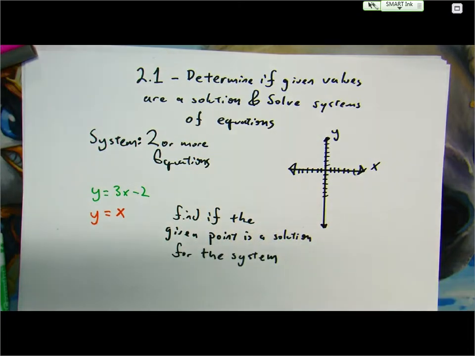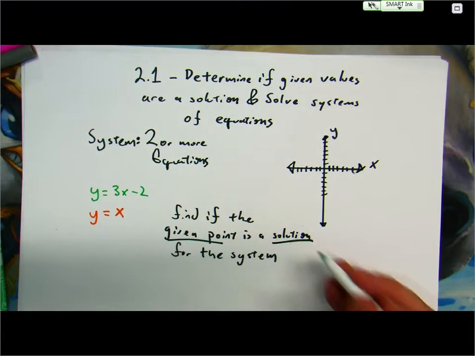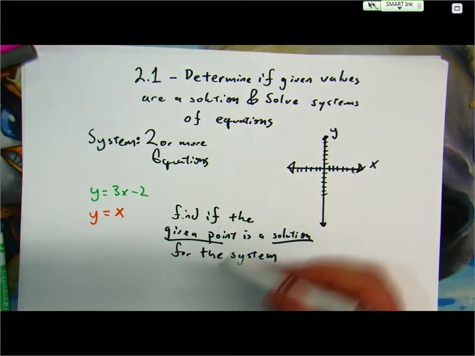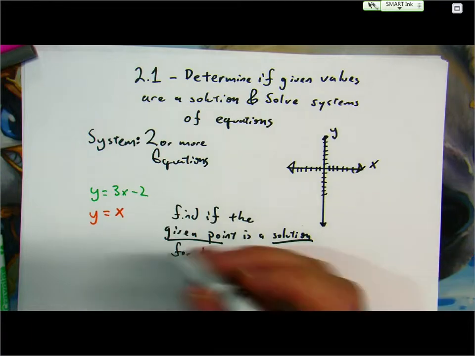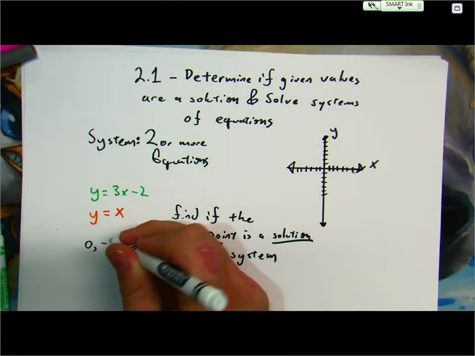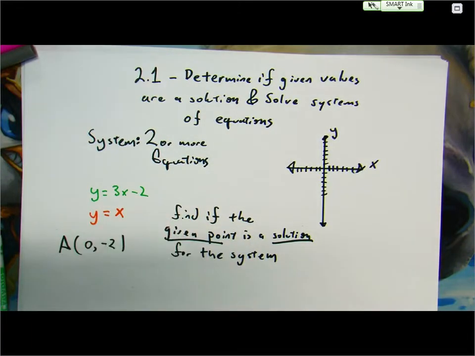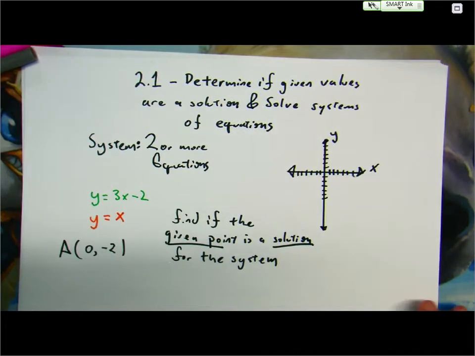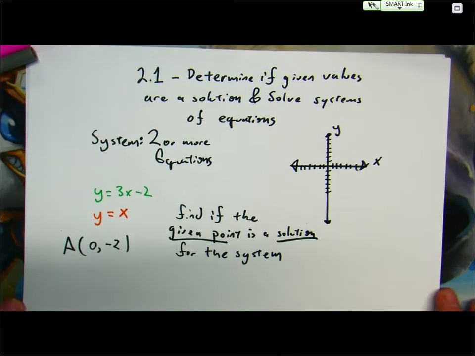What that means is, does the given point solve the system? So I might give you a point like 0, negative 2. We'll call this point A. We're going to figure out if point A is actually a solution for the system given. But to do that, I have to graph my system first.